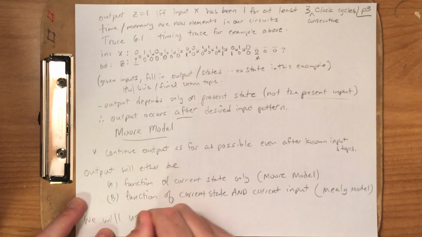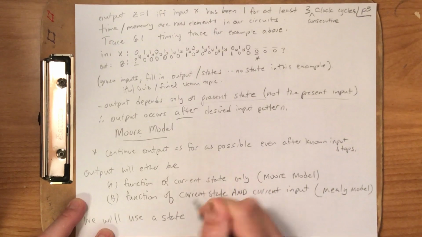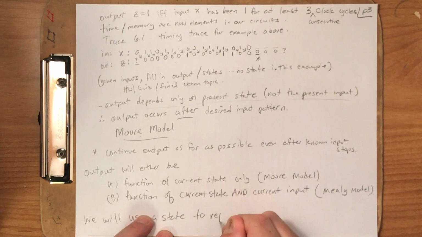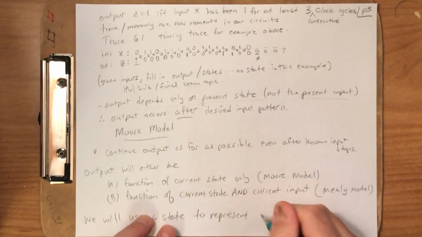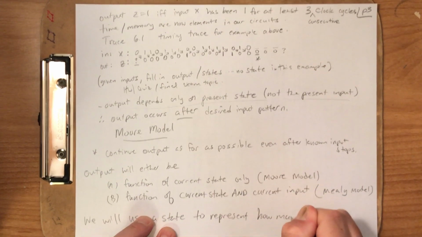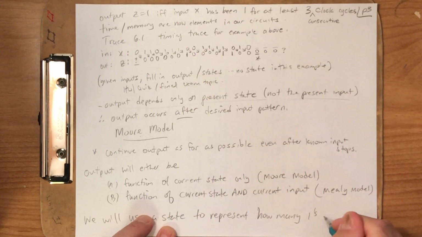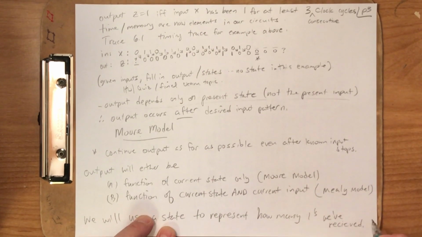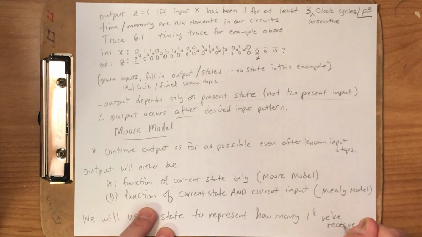And we will use a state to represent how many ones we've received.